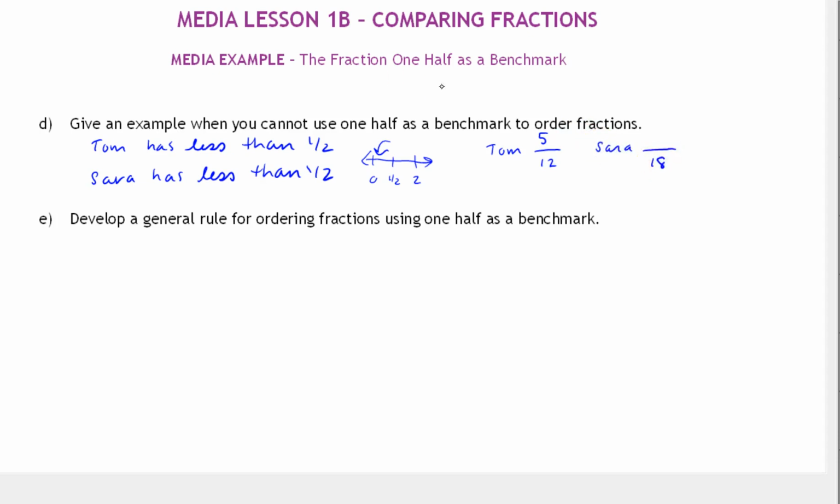And 18 for Sarah, and half of 18 is 9, so something less than a half might be 7/18. So for these two numbers, we couldn't use 1/2 as a benchmark because both of these are less than 1/2. Okay, so this is useful when you could say one is larger and one is smaller. So similarly, if they were both greater than 1/2, that wouldn't give us enough information.